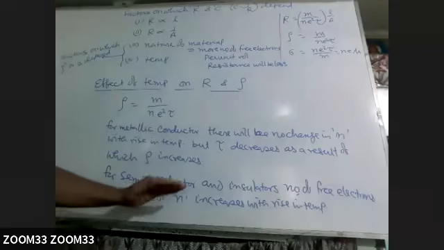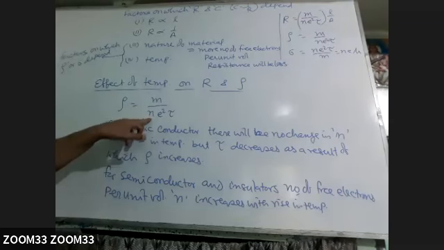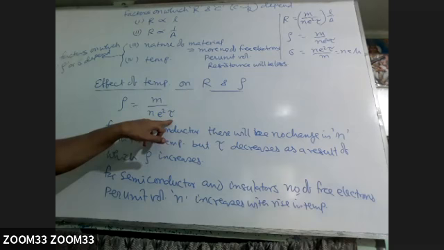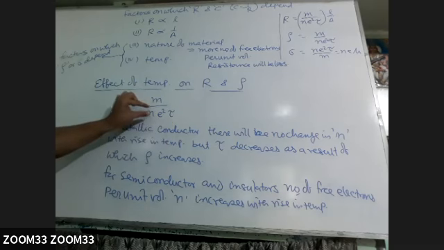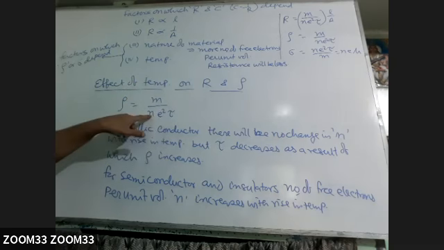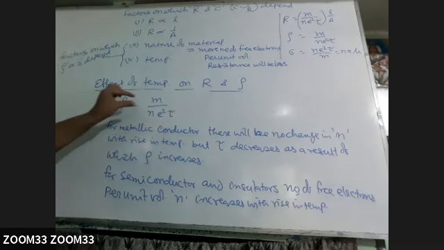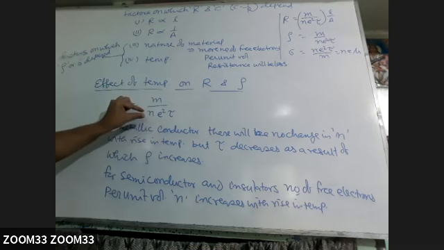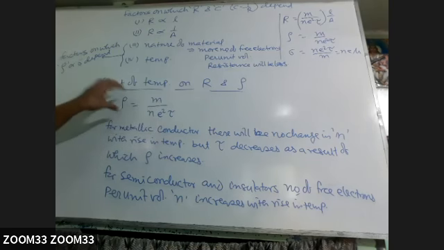So in this case, n increases, tau decreases. That is the case. But this factor is dominating. Due to this, rho is increasing. Due to this, rho is decreasing. So as this factor is dominating, finally rho will decrease.